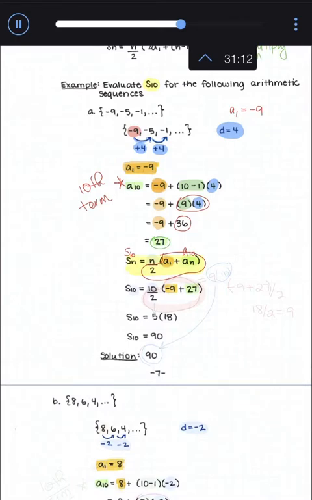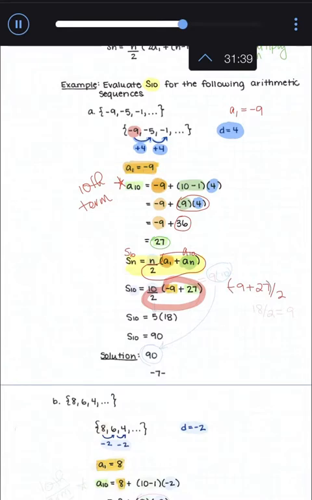So let's go back to our formula. What does the formula say? It says to take your first term and your last term, which in this one is your 10th term, add them up and divide by 2, average them. Well, let's do that off to the side. Add them up and divide by 2. So we'll get negative 9 plus 27, and then we'll divide by 2.